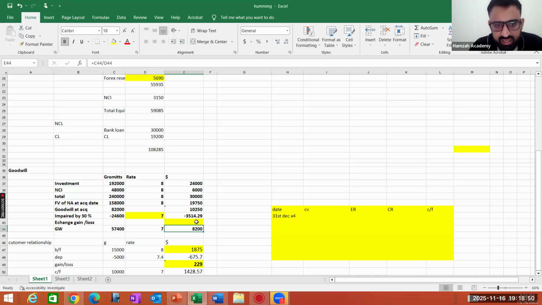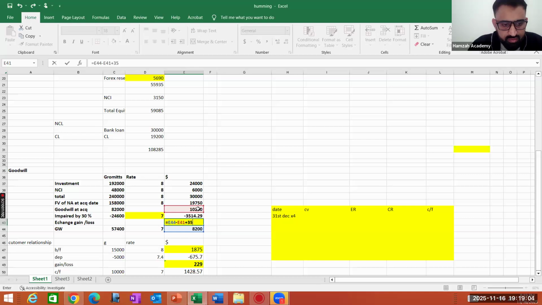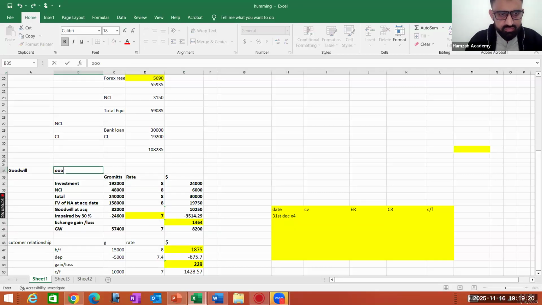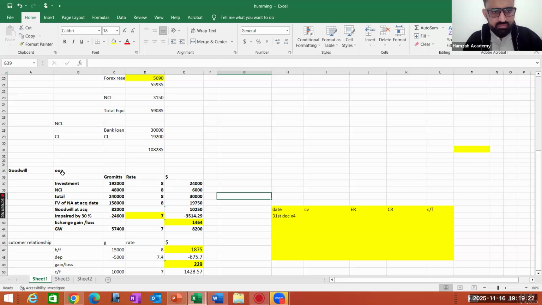And here we will be having the exchange gain or exchange loss, and that would be 1464. So now we have rounded the values, and these calculations I have done with 30 common working.